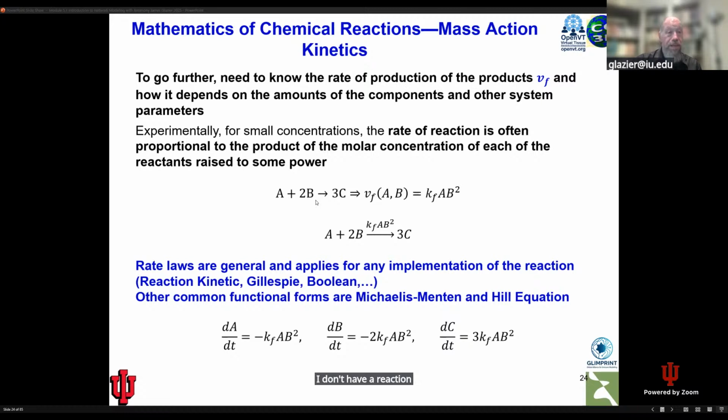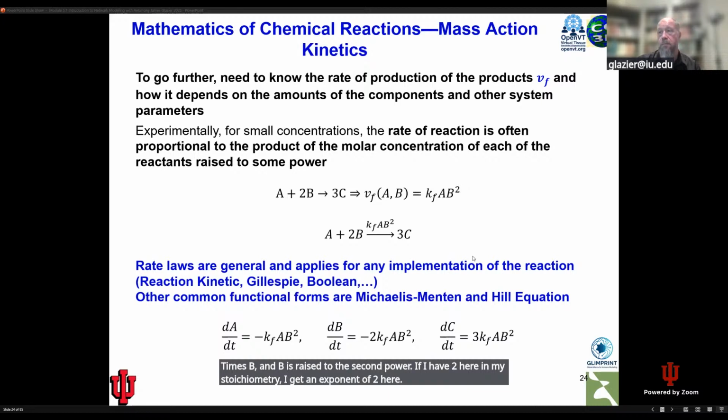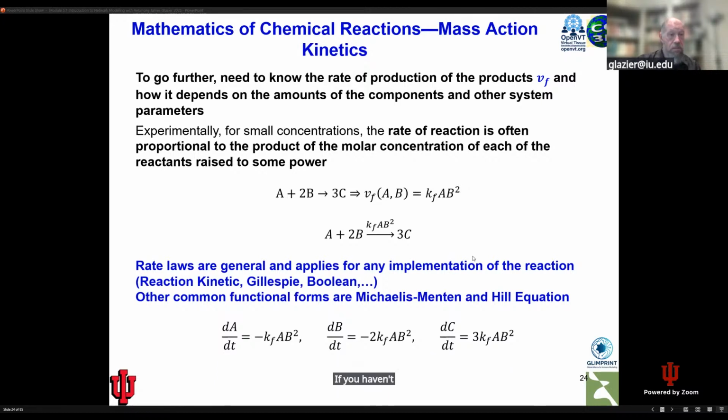And if I have no B, I also have no reaction. And therefore, the rate of reaction has to go to 0 when the concentration of A or the concentration of B is 0. The simplest functional form that has that property is A times B, and B is raised to the second power. If I have 2 here in my stoichiometry, I get an exponent of 2 here. If you haven't run into mass action, I encourage you to read in one of the basic textbooks about how mass action works.